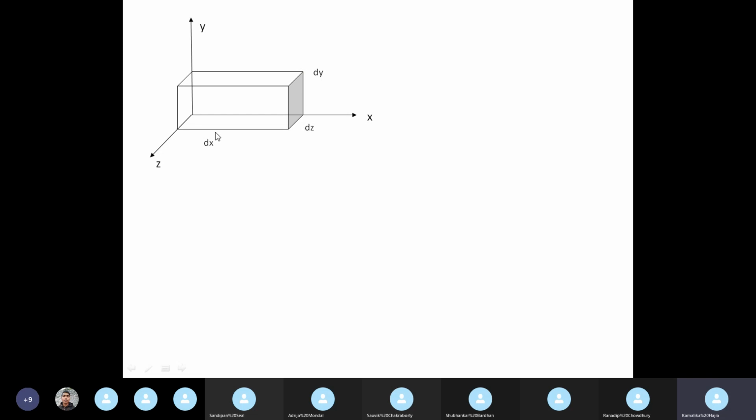Okay, so infinitesimally small rectangular parallelepiped. So you can understand that I have magnified what I am saying. The volume that I am considering is infinitesimally small, but I have magnified it several times, and this is the figure that I am getting.